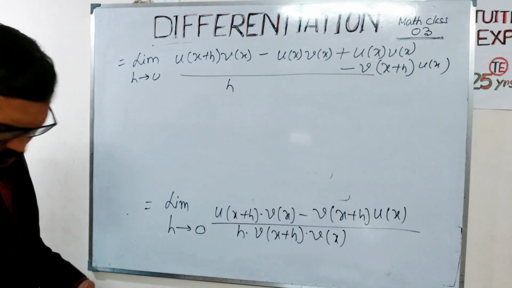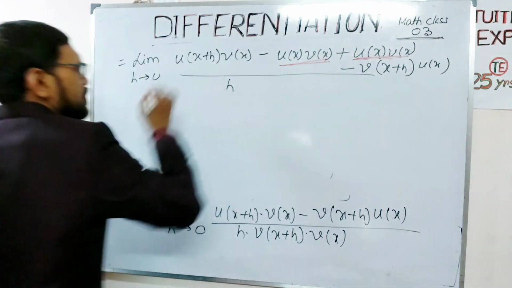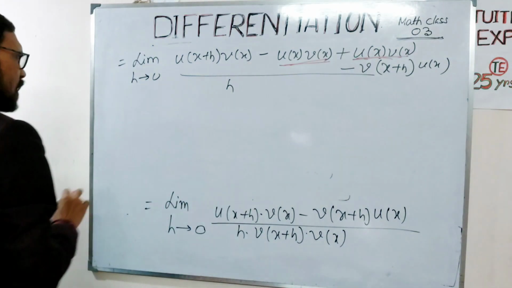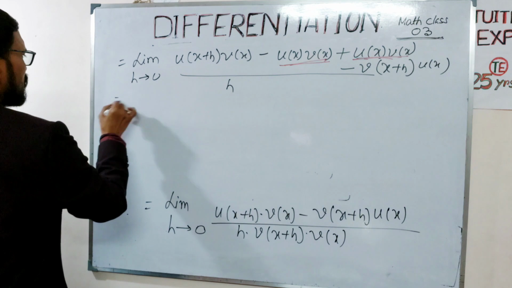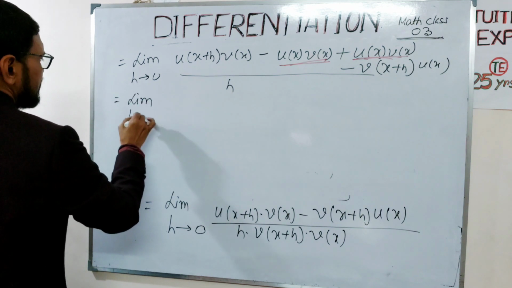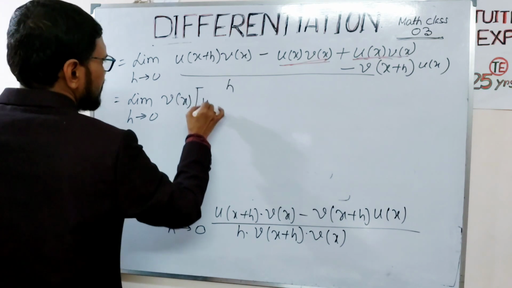So here we just adjust this value. Now take common v x from this, limit h tends to 0.